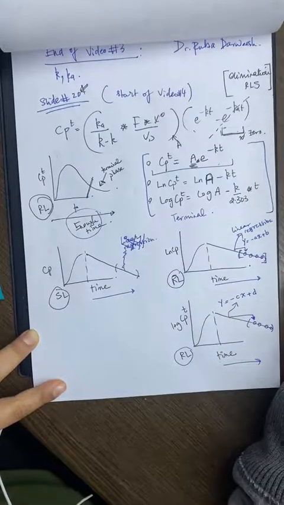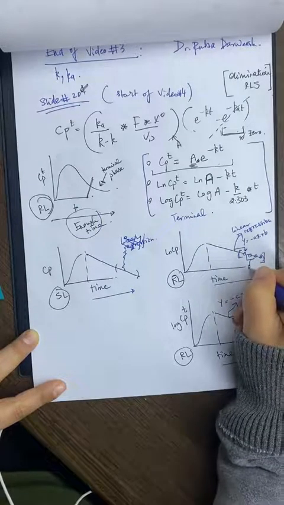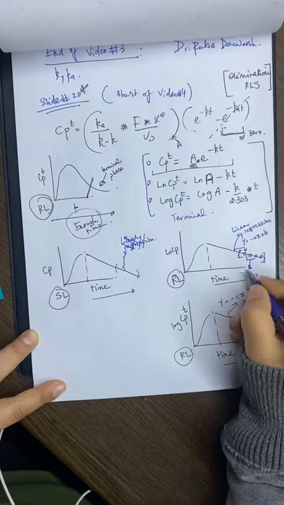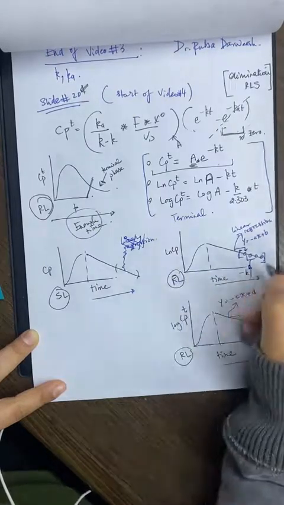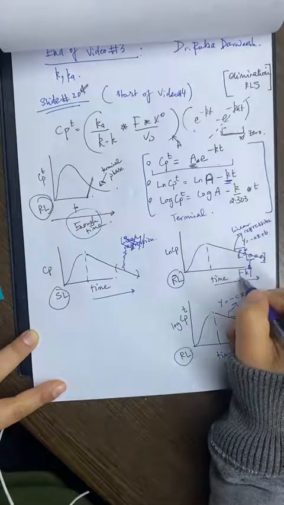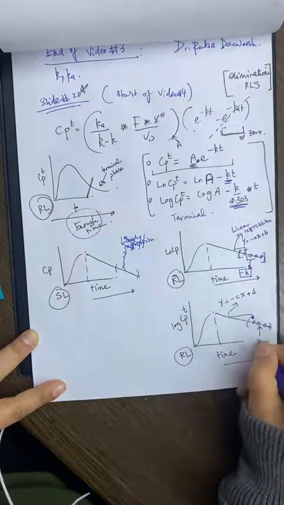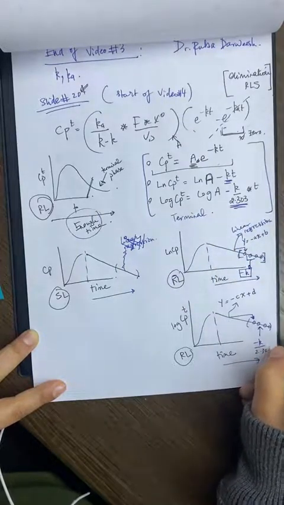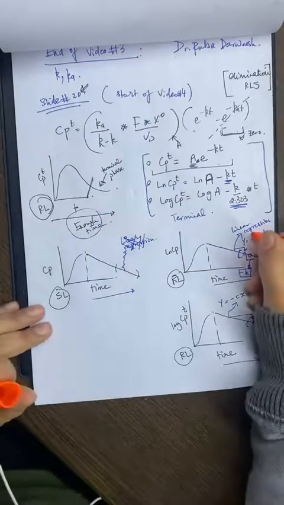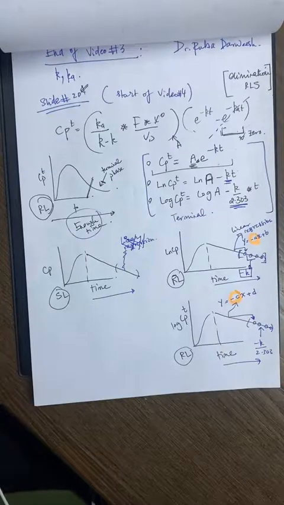If I do this, I can use the slope to determine, according to those equations, minus k for ln, and minus k over 2.303 for log. So that is the slope that we have in here or in here, right?